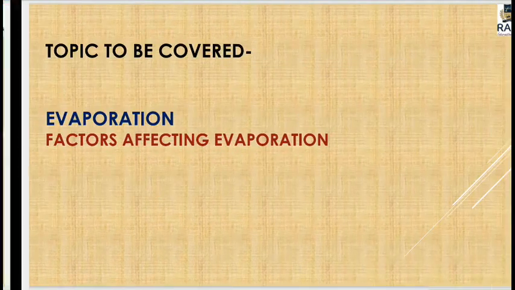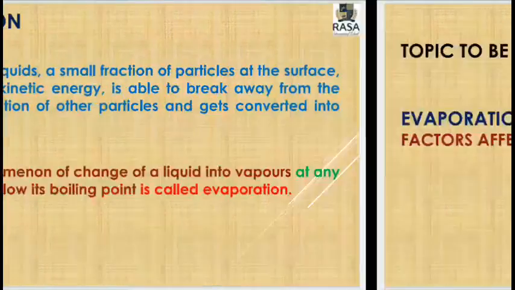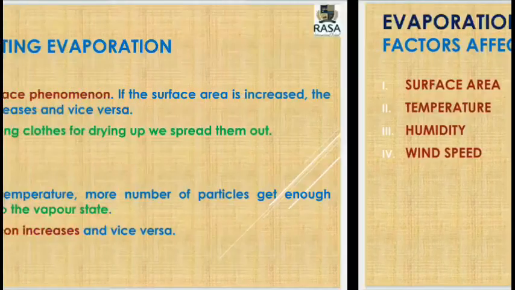Now we will discuss the factors affecting the evaporation. The factors which affect the evaporation are surface area, temperature, humidity and wind speed. Evaporation is basically the process which deals with the surface of the liquid. So how it is related to the surface area, let us see.